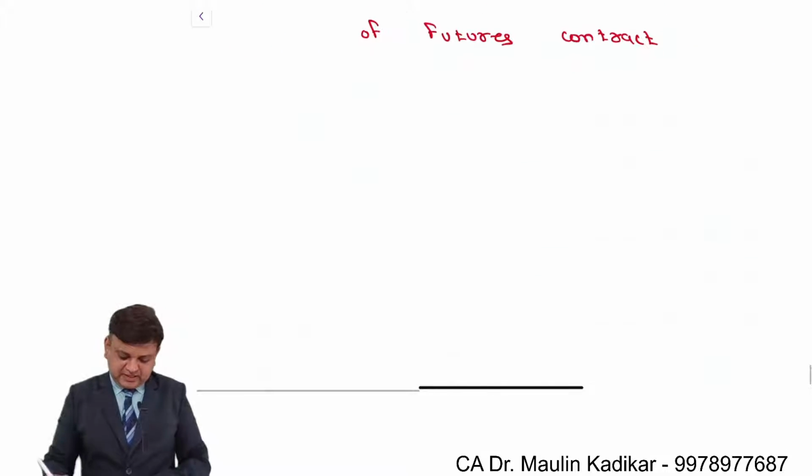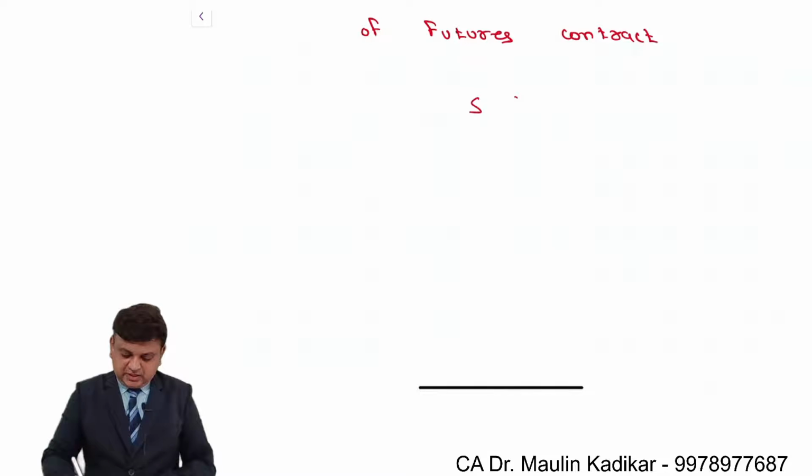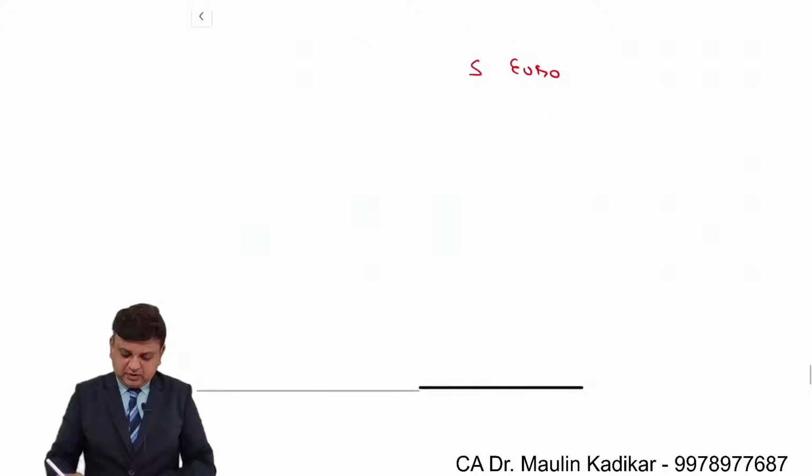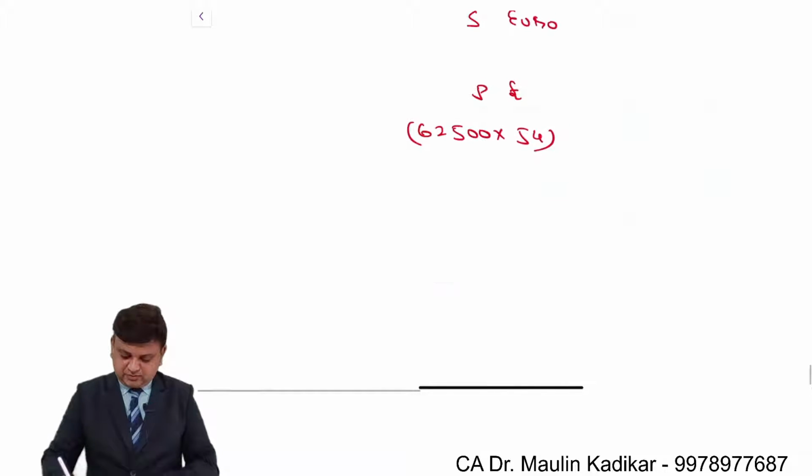So now we understand that originally the contract was sell of euro and purchase of pound. See the amount of the pound is 62,500 and number of contracts are 54. So 62,500 into 54, that comes to 33,75,000.